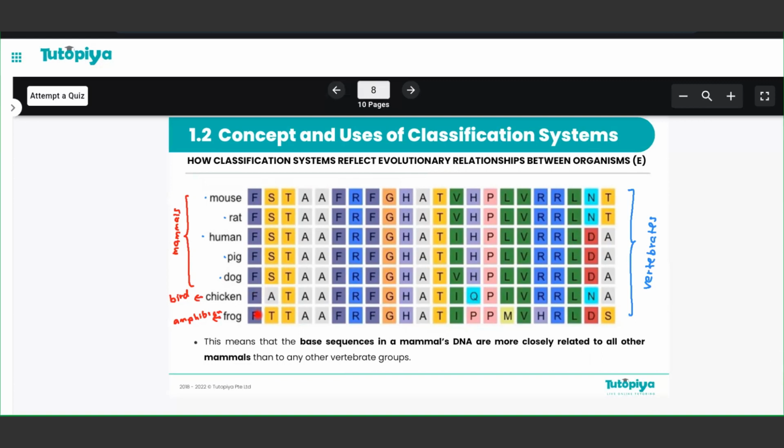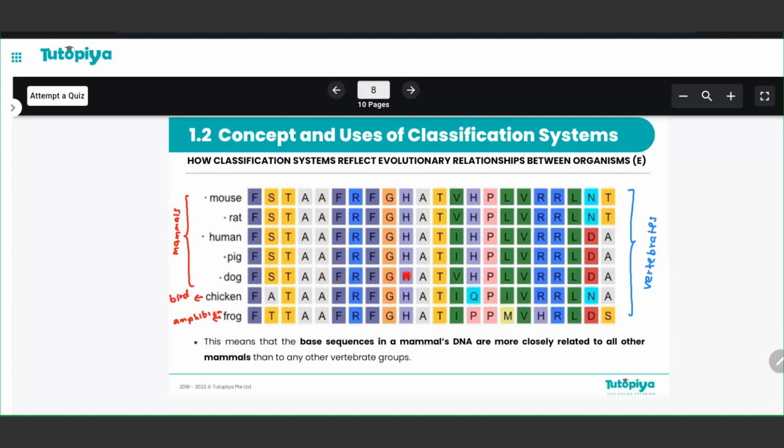All right. Now, the DNA-based sequences here show that the mouse, rat, human, pig, and dog, these DNA-based sequences are very similar to each other. Just take a second to analyze this. You can see all these base sequences, they are all similar to all these 5 organisms.